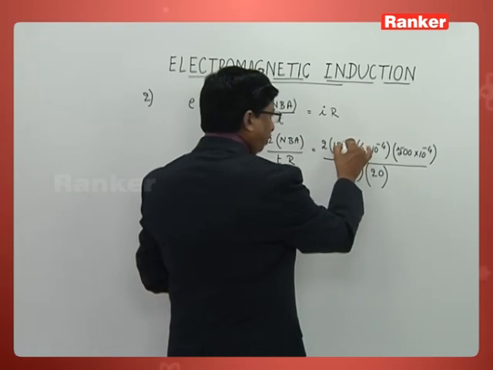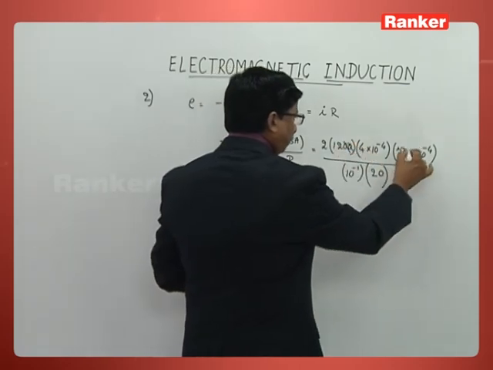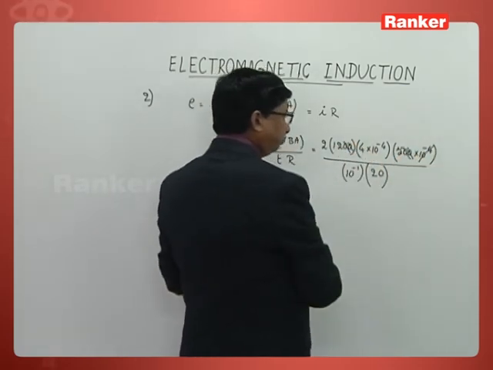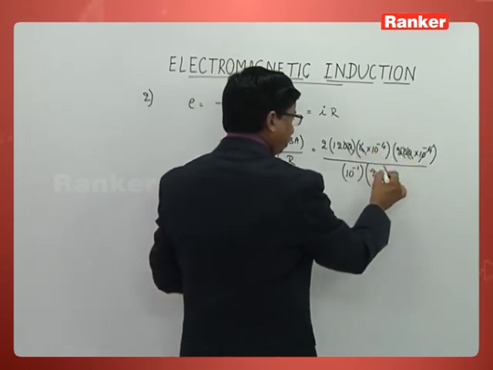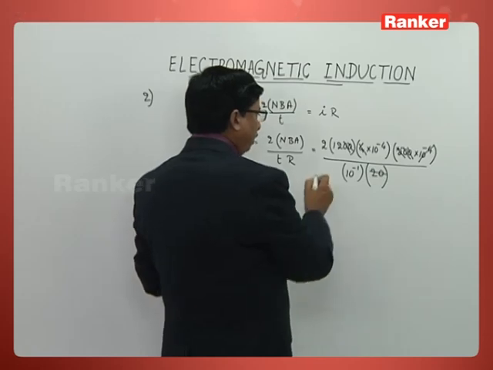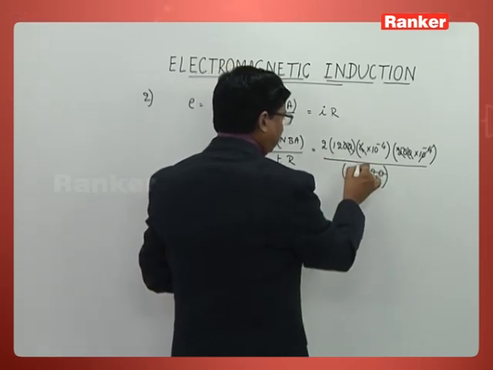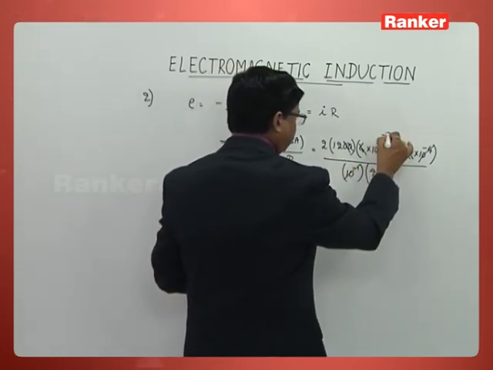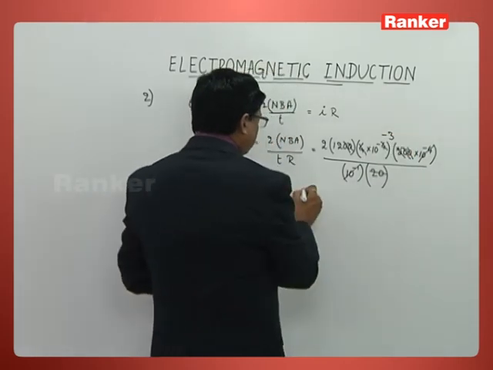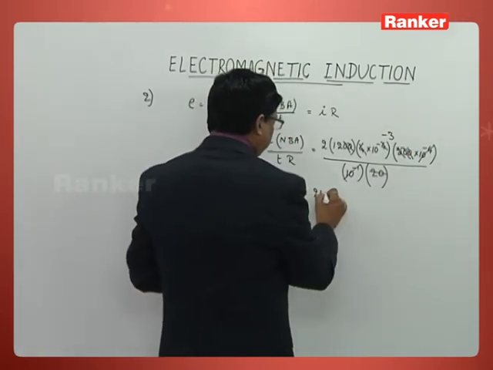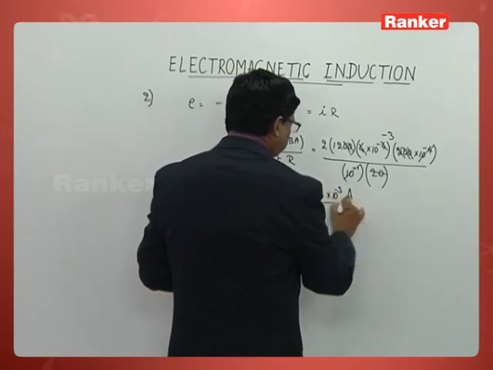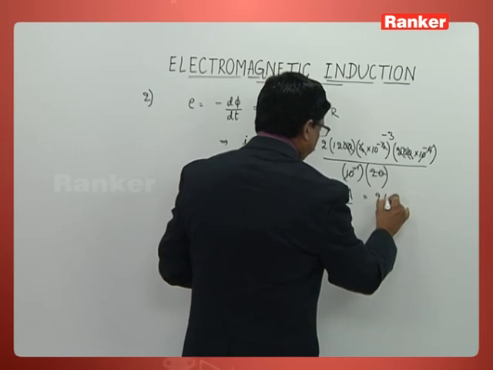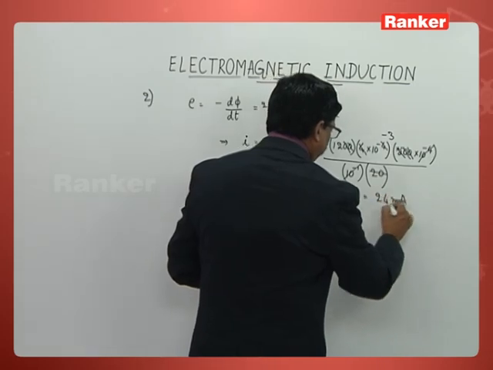So if you look at the 1, 2, 3, 4 zeros, you can cut with this, and straight away 4 times 5 now becomes 20. And of course this one goes minus 3 times. So 24 into 10 power minus 3 ampere. In other words, 24 milliampere we can write.